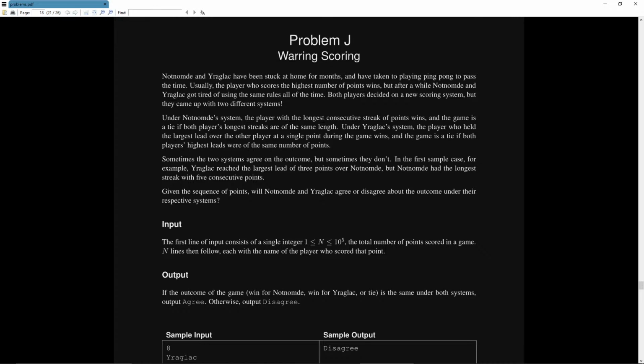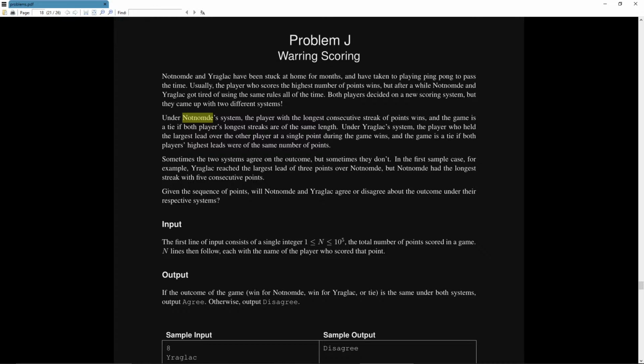So in this Warring Scoring, the idea is that we have these two people who are playing ping pong over and over, and they're getting tired of how they're deciding who wins, and they decide on two different scoring systems. So one player, Notnomed, decides that the player with the longest consecutive streak of points wins.